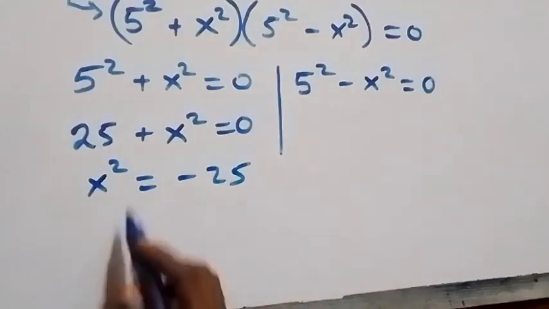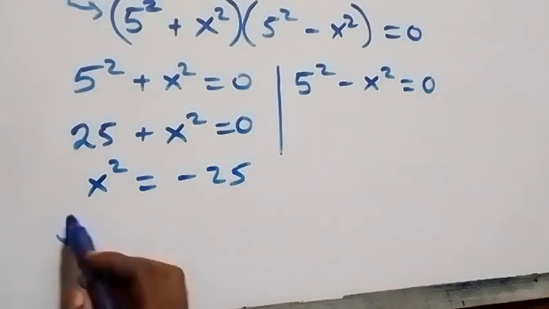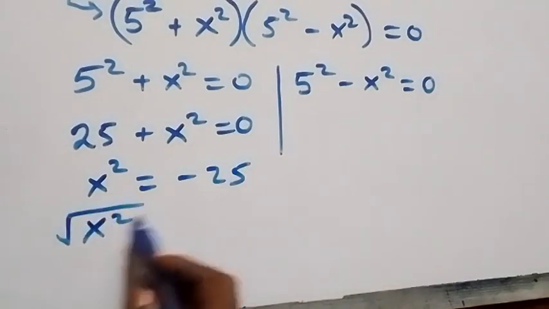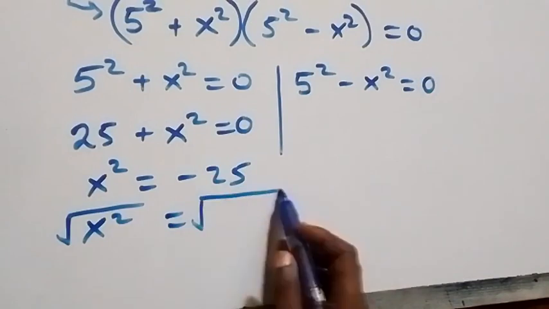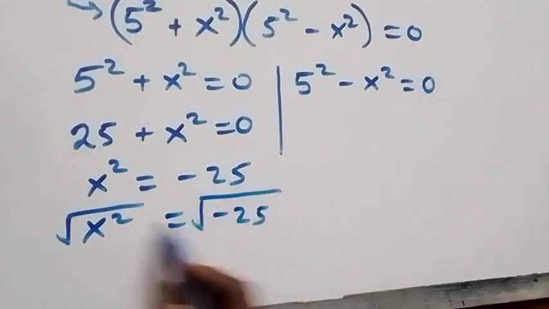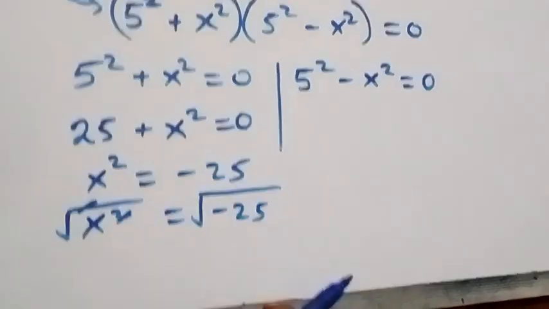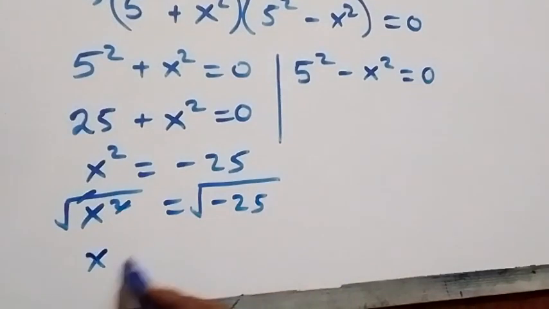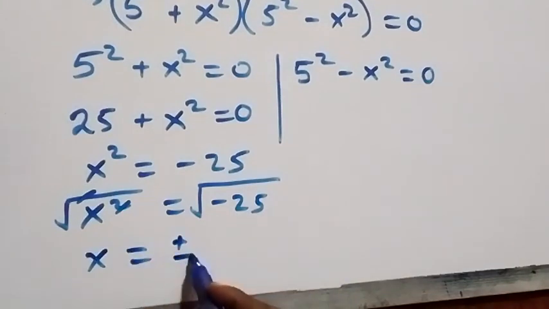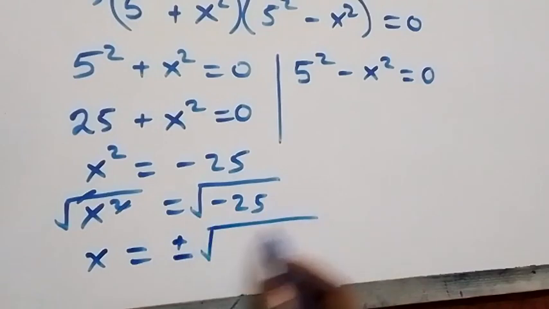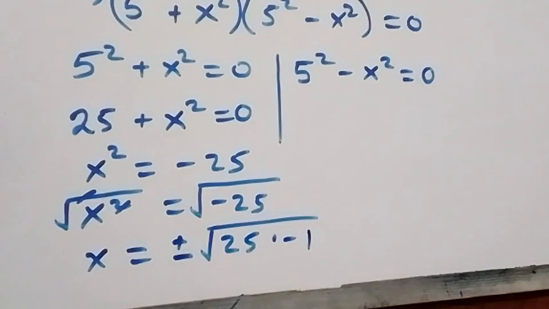That is, we can take the square root on both sides now. That is, square root of x squared equals square root of minus 25. Square cancels square root. And here we have x equals plus or minus square root of 25 times minus 1 here.